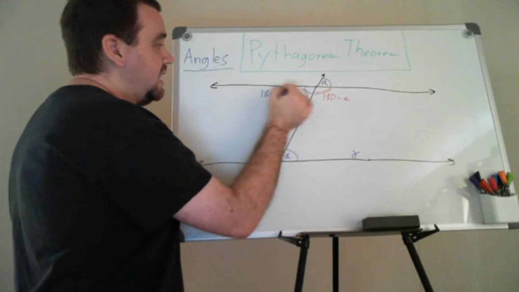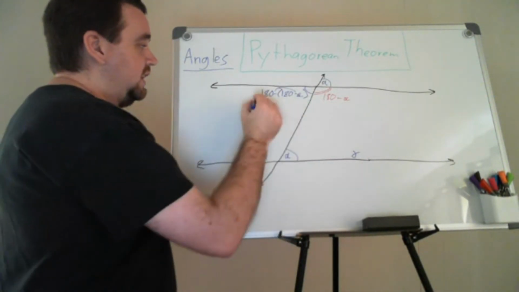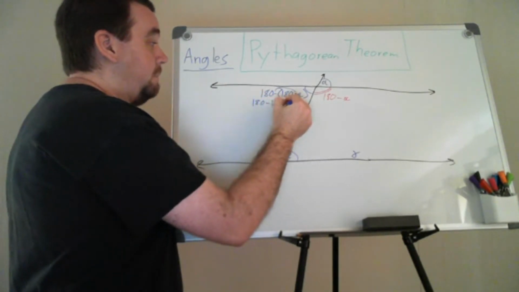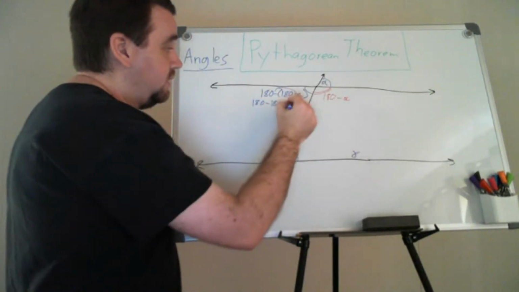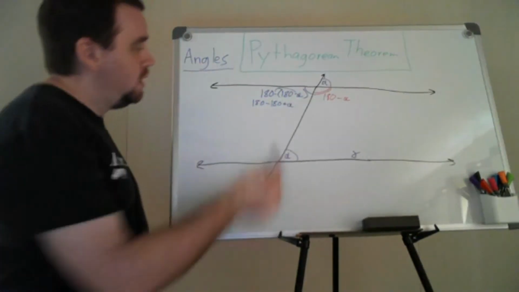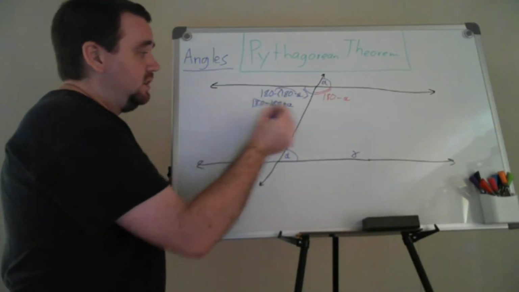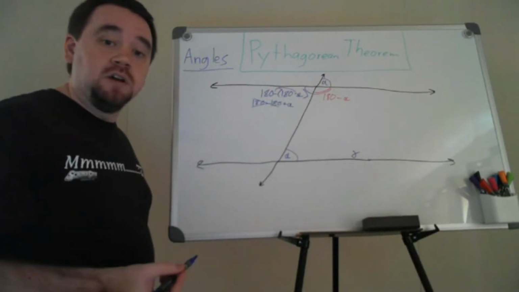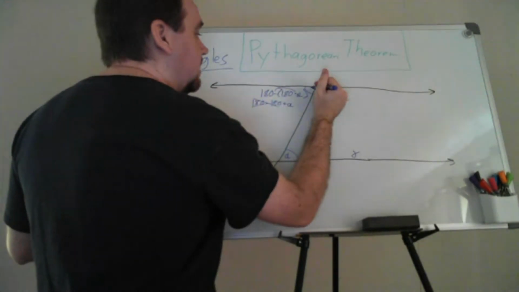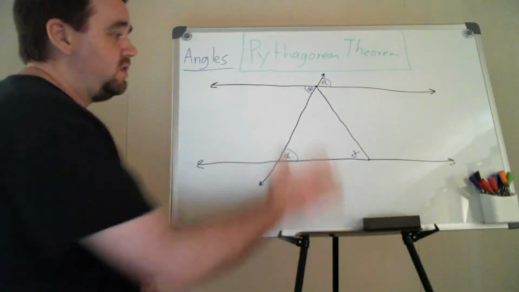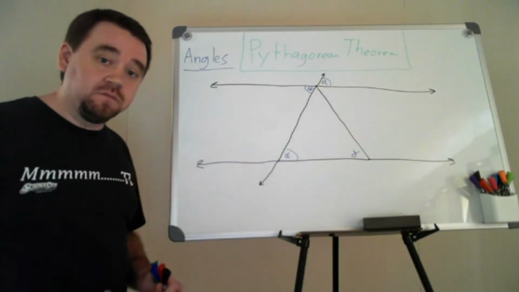I distribute the negative inside to both terms, leaving me with 180 minus 180 plus, because a negative times a negative is positive, alpha. 180 minus 180 is 0, so it just cancels out, leaving me just with alpha. Meaning this angle right here measures alpha. Okay, now I've redrawn that third side we were ignoring.